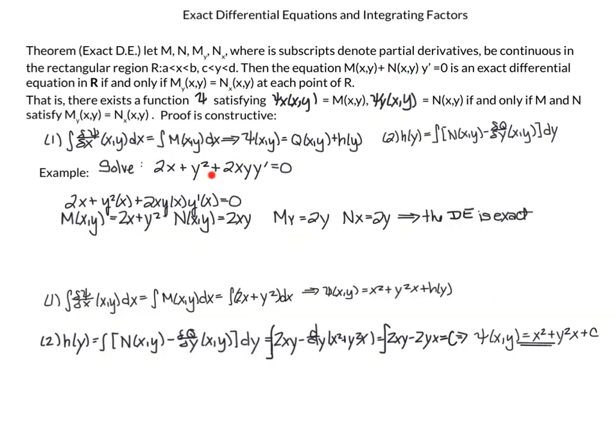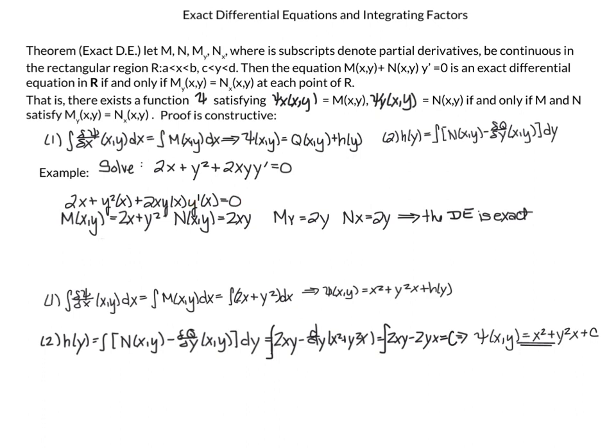I'm going to use this example here, which is an exact equation, to show you how this works. We have the equation 2x plus y squared, where y is a function of x, plus 2xy y prime equals 0. Rewritten just to highlight the fact that y is a function of x: 2x plus y(x) squared, plus 2x y(x), times y'(x), equals 0.